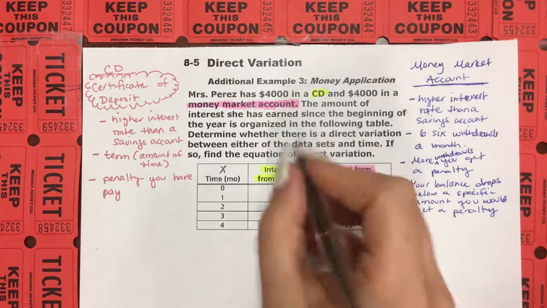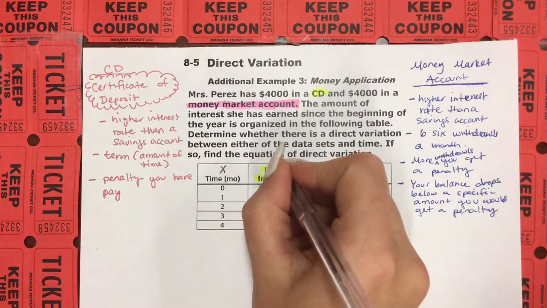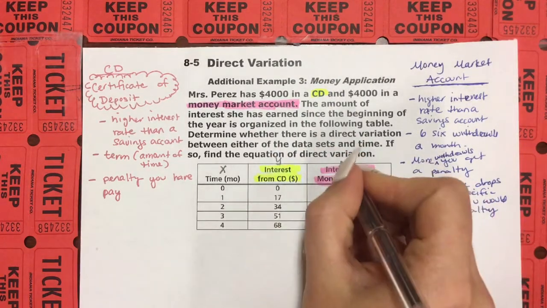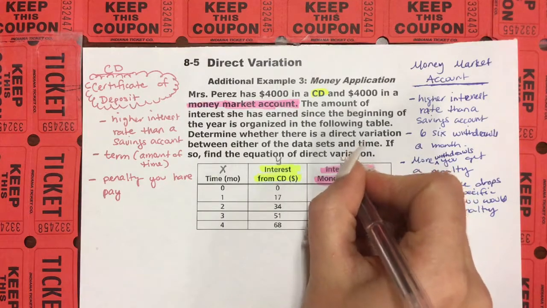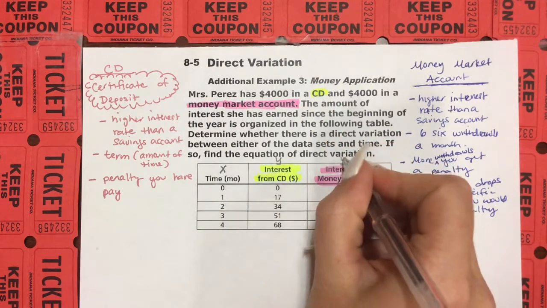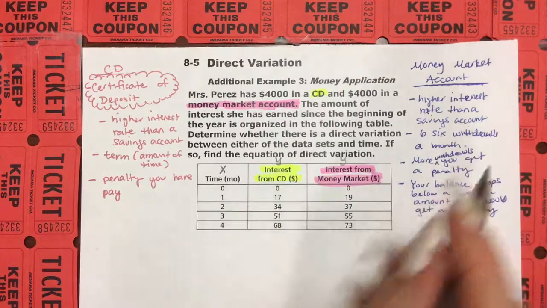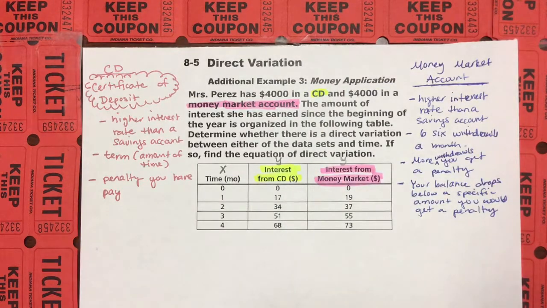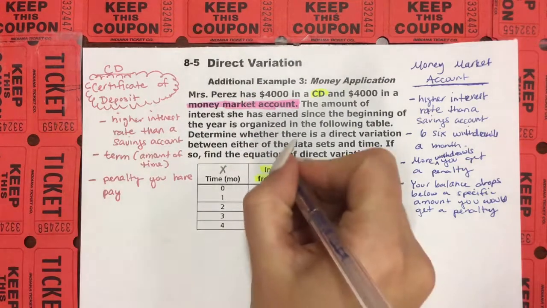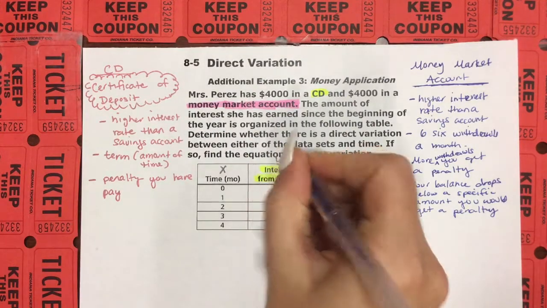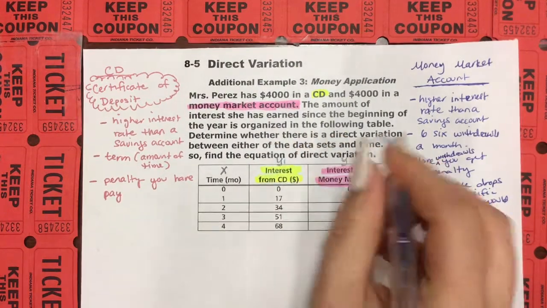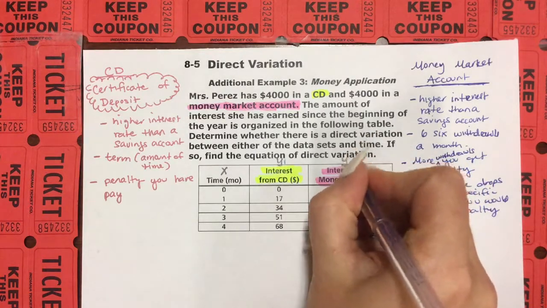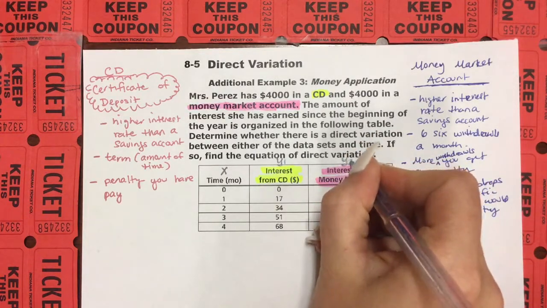And the interest from the CD, that's going to be our Y. And the interest in the money market is also going to be our Y. But we're going to have to differentiate between these two because we can't have Y and Y. So we're going to have to call one of those Y subscript 1, and the other one's going to have to be Y subscript 2.